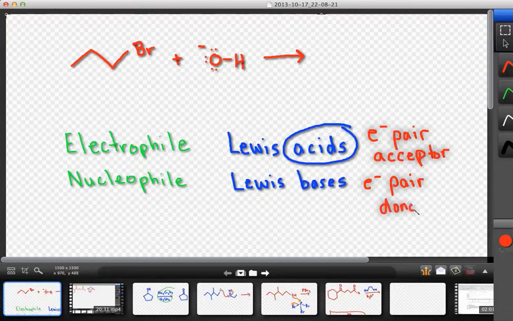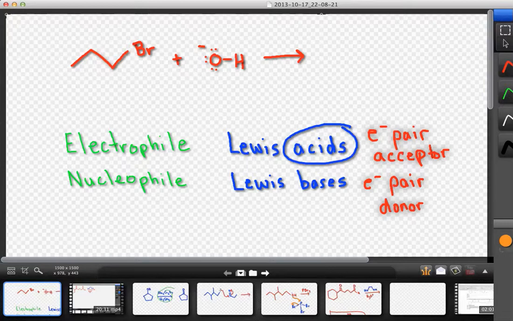So quite literally, in a chemical reaction, if you can appropriately and correctly identify the most reactive nucleophile and the most reactive electrophile, it tells you precisely how to push the arrows in determining the mechanism of a reaction. Let's put this into practice on this particular example.